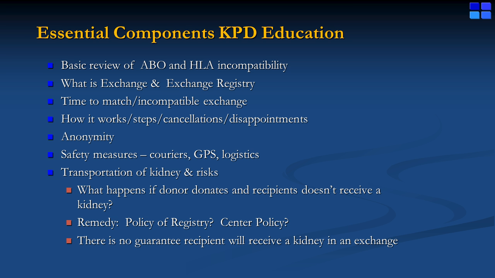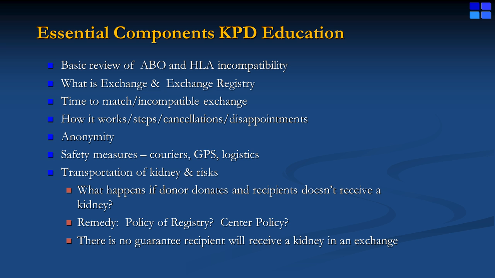I always start my education talking about the incompatibility of this pair, and what HLA incompatibility is, so that they understand why they're with you. They may then understand, if the donor is an O and the recipient is O, if they're HLA incompatible, what that would mean. What simply is an exchange, and what are the exchange registries that you participate in, what you would estimate the time to find a match would be based on their incompatibility, and how it works: the steps, the cancellations, the disappointments.